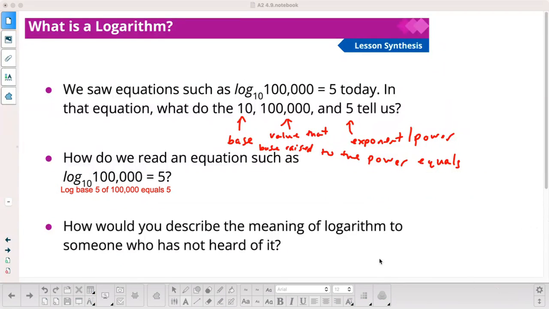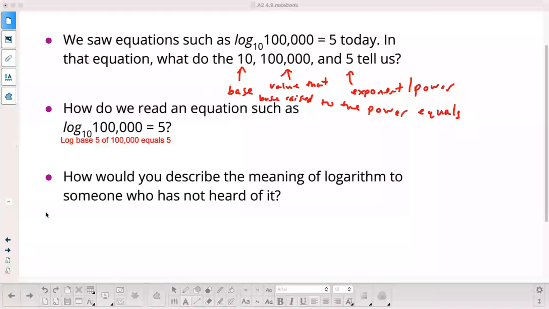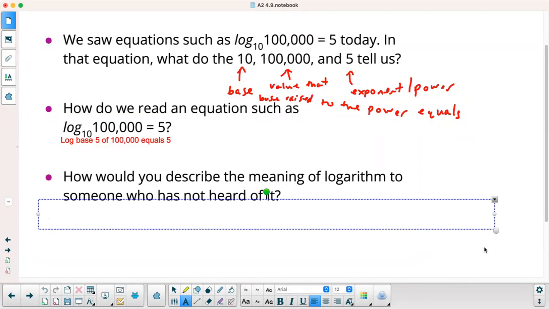How would you describe the meaning of logarithm to someone who has not heard of it? I would say we are rearranging an exponential equation or function so that it is solved for the exponent.